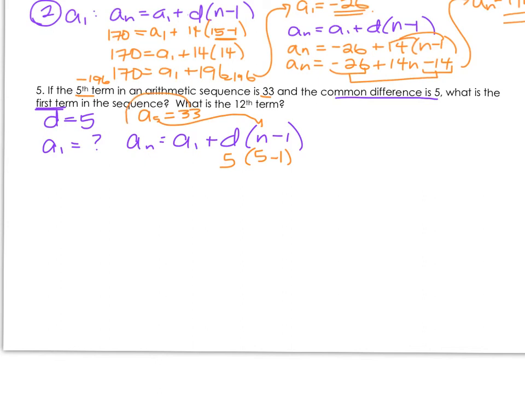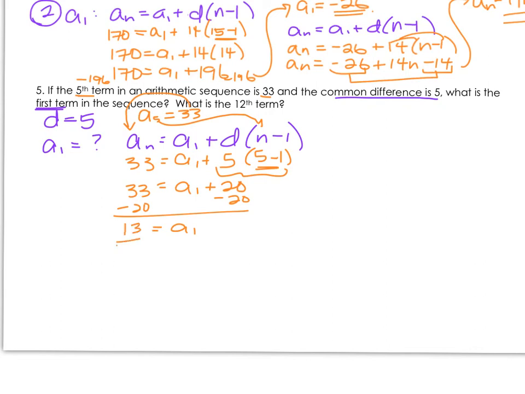That means my output has to be on that left-hand side. 33 equals a sub 1 plus 5 times 5 minus 1. Well, 5 minus 1 is 4, and 5 times 4 is 20. To get a sub 1 by itself, we'll literally just subtract 20 to move it over. And just like that, a sub 1 equals 13.